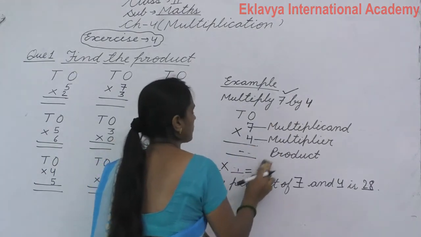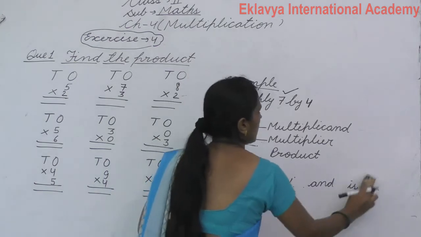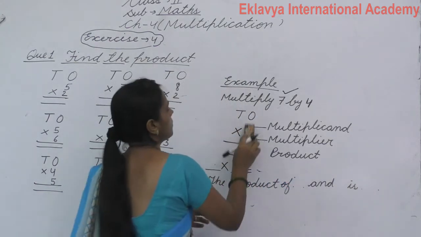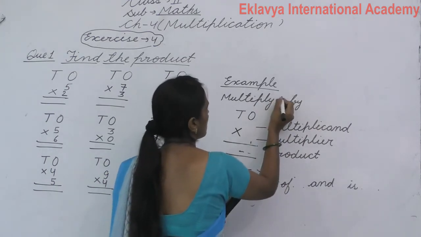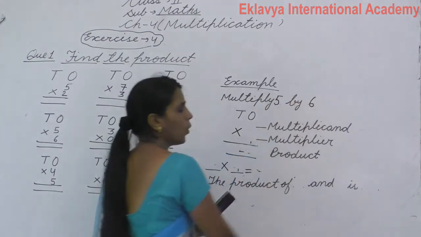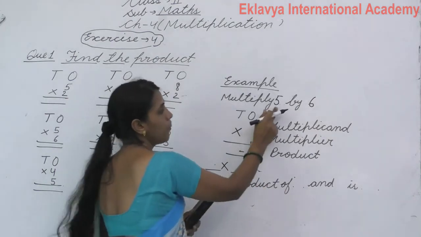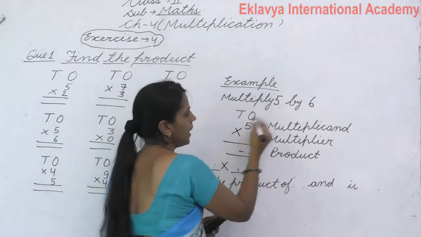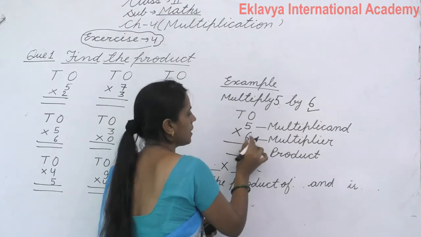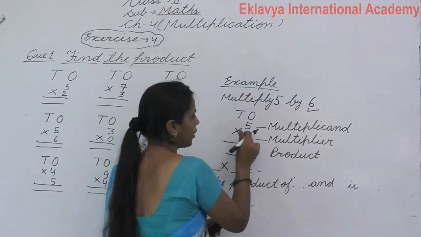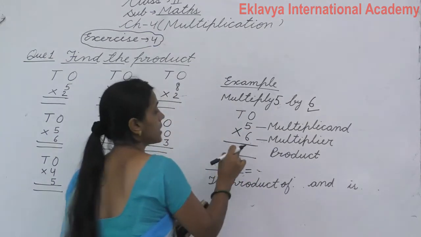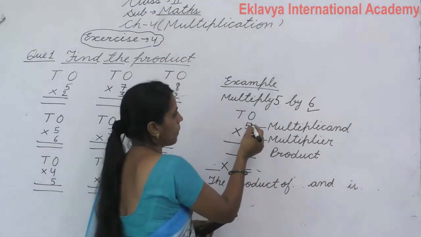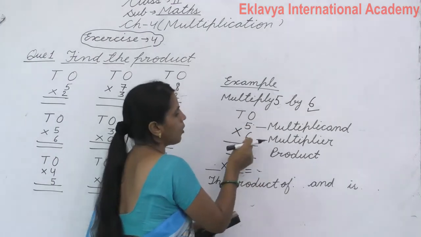Suppose I write here 5 and here 6. Okay, again we will put 5 upper side and we will put 6 downside. Next, I told you 5 is your multiplicand and 6 is your multiplier. You can speak table of 5 till 6 and you can speak table of 6 till 5.